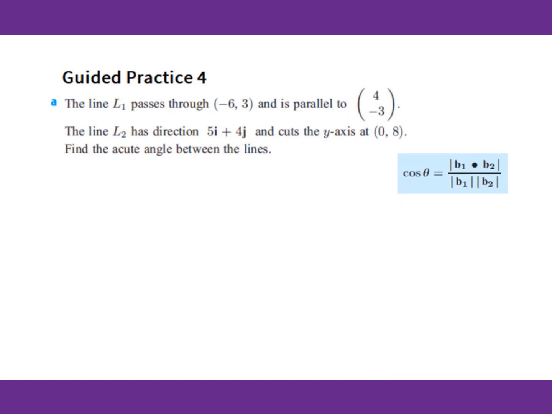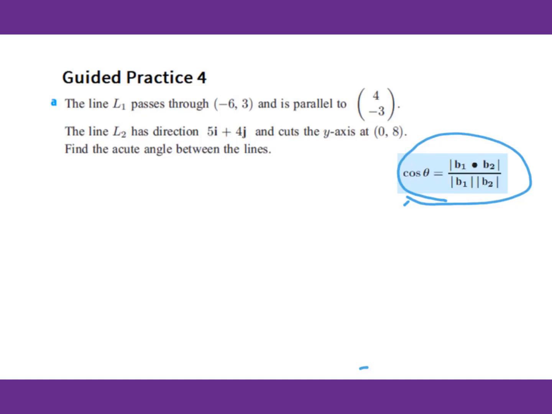As we know, the angle of two lines will be this formula. B stands for the direction vector. Therefore, we only need to use the direction vectors of these two lines so we can figure out this acute angle.